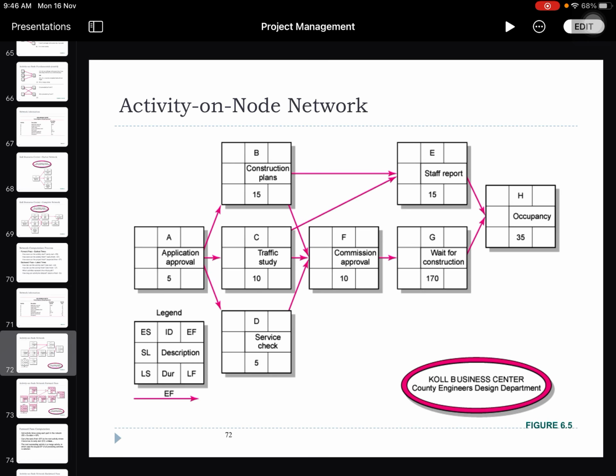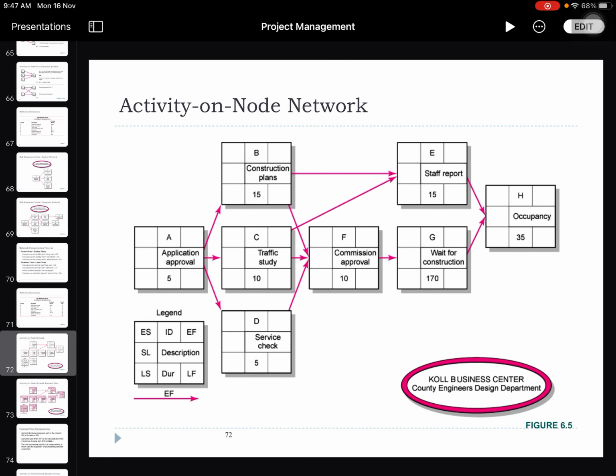So we have A connected to B, C, and D. Later C is connected to F, B is also connected to F, and D is connected to F the moment they are completed. Then F is connected to G, and G to H, and E to H the moment E and G are completed. Also, E can only start when B and C are fully completed.